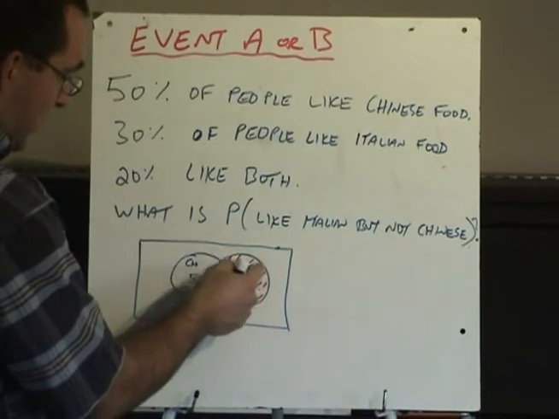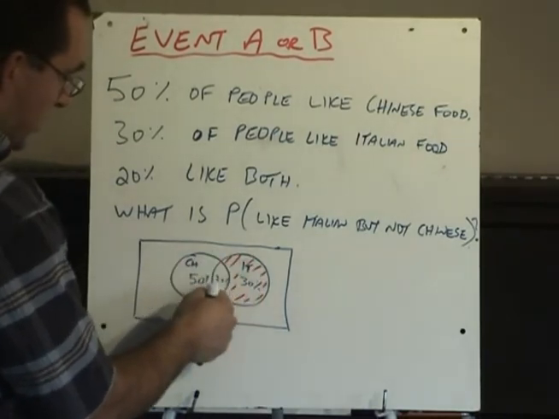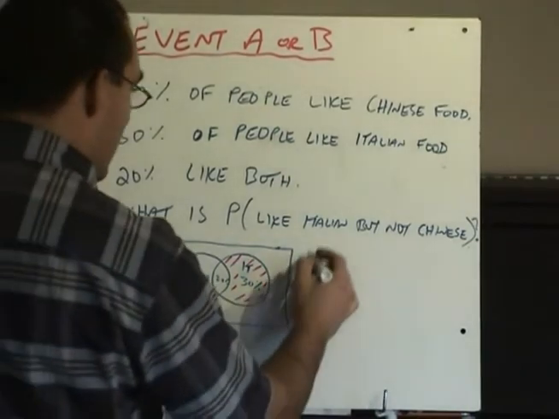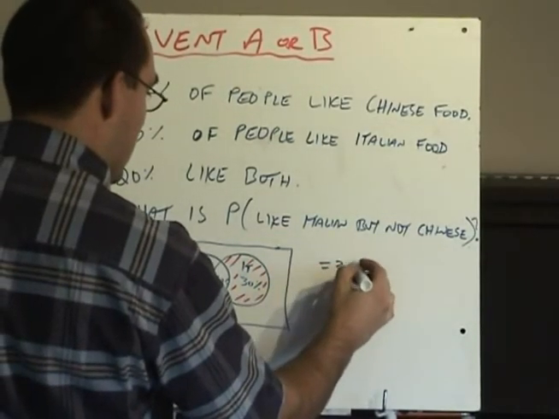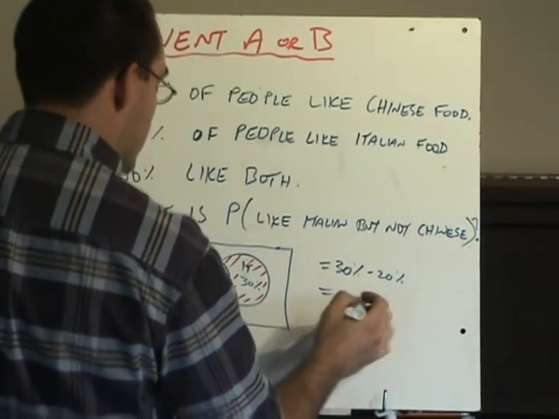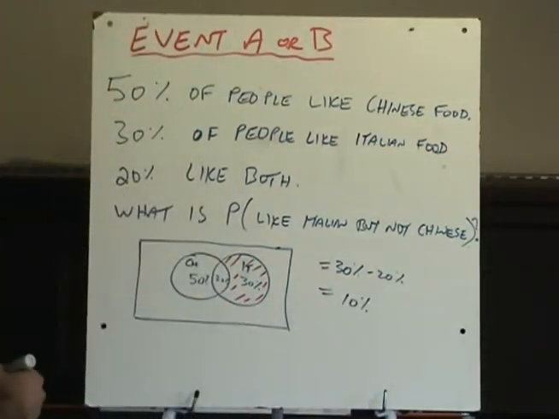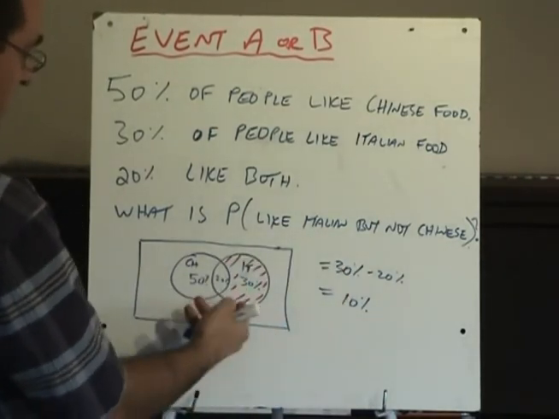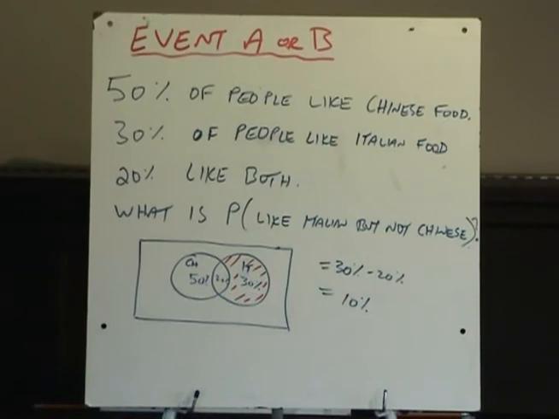Well, if you've got 30% in this whole circle and 20% standing here, then this probability would equal 30% minus 20%, which is 10%. So the probability that they like Italian but not Chinese would be 10%. You see how easy it is to find the probability when we have a little diagram drawn.